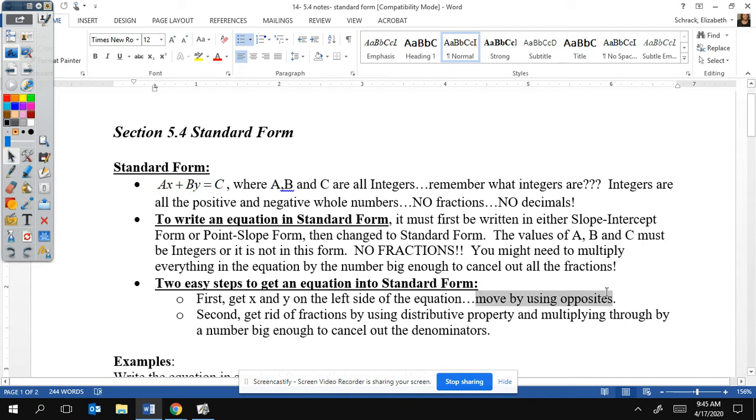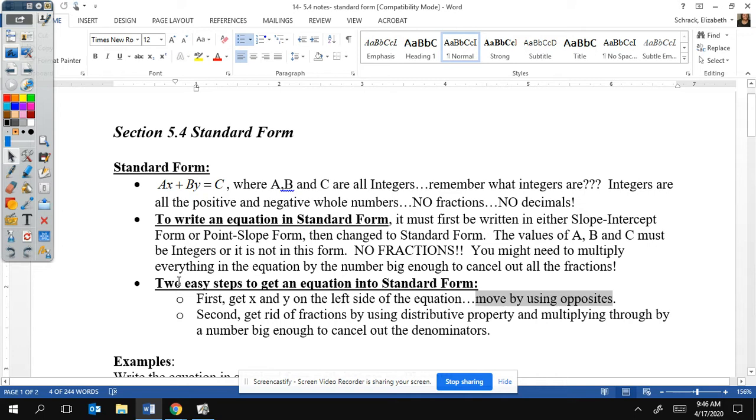You do that by moving things to the other side of the equal sign by using the opposite. Secondly, you get rid of the fractions by distributing the least common denominator throughout all of the numbers to cancel out the denominators. Okay, so that's the refresher.